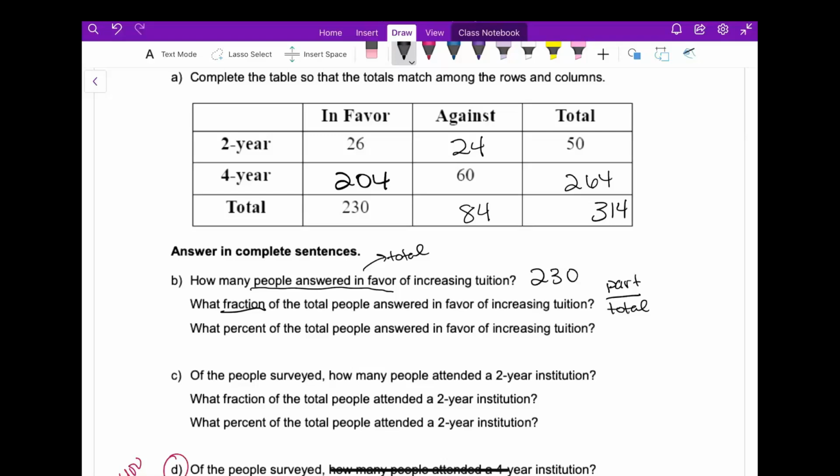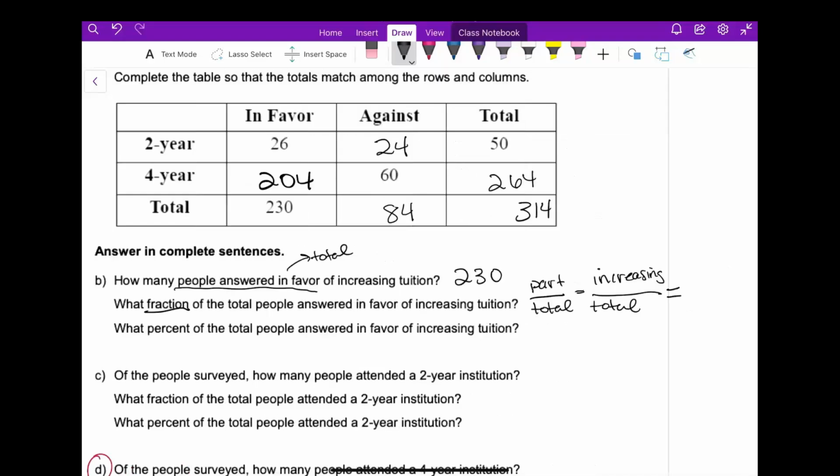In this case, the part happens to be increasing, and then the total happens to be the total people who answered the survey. So let's set up these two values. The people in favor of increasing, we just found that in the part above, which is 230. And then what's the total amount of people? This is 314.